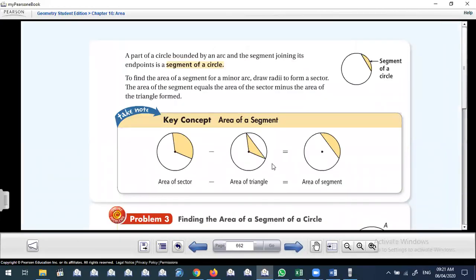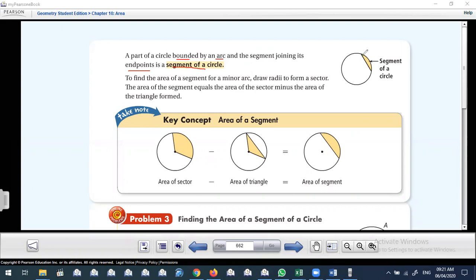Today we are going to learn how to find the area of a segment of a circle. First, we need to know what is the meaning of a segment of a circle. A part of a circle bounded by an arc and the segment joining its end points is a segment of a circle.